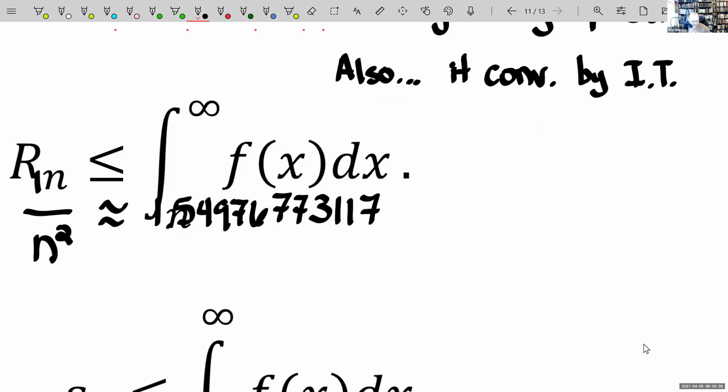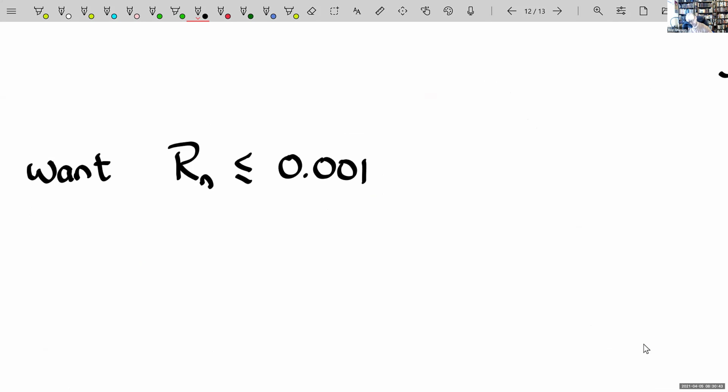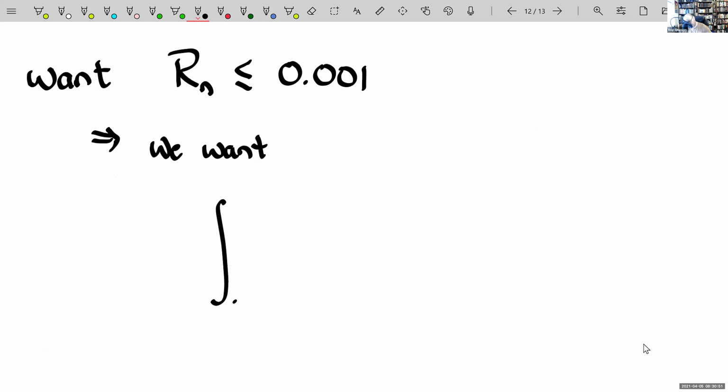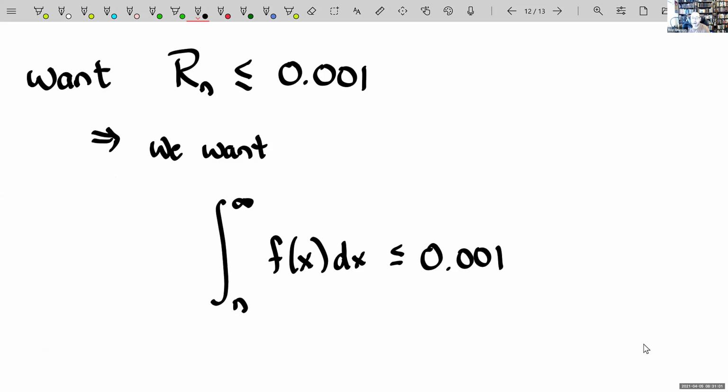Let me go ahead and write that. So for this error, we want the integral from n to infinity of f of x dx to be less than or equal to 0.001. We want our maximal error to be less than or equal to that 0.001.